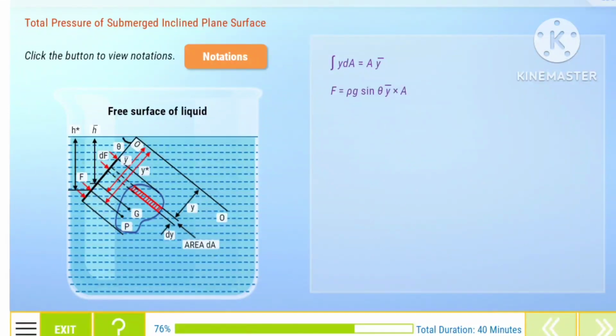F is equal to rho g sine theta y bar A. This in turn is equal to rho g A h bar, since h bar is equal to y bar sine theta.